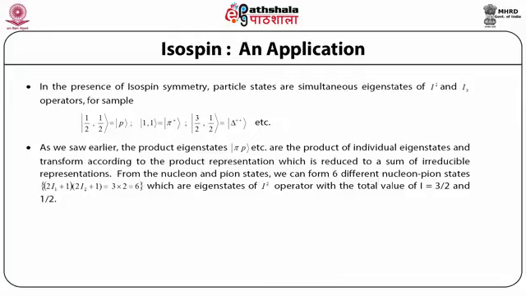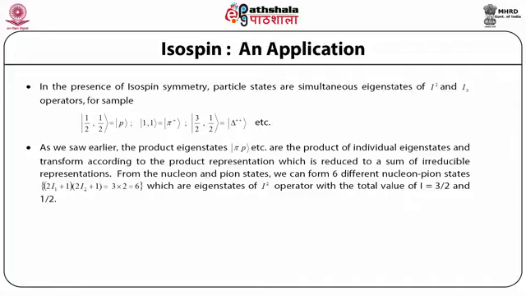As we have seen earlier, because we are considering the decay of delta into a pion and a nucleon, we consider the product eigenstate of a pion and nucleon. And these product eigenstates are the product of individual eigenstates, and they transform according to the product representation, which we have seen, and which can then be reduced to a sum of irreducible representations.